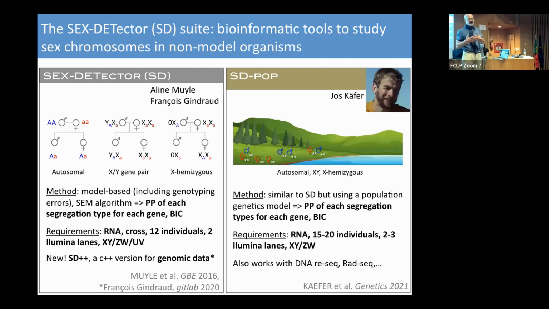The last version that we developed is called SEX-DETector in population, because for some organisms, it's not possible to obtain a cross. So the only way to study sex chromosomes is to go out on the field to collect biological material from male and female individuals that you can find in the field.